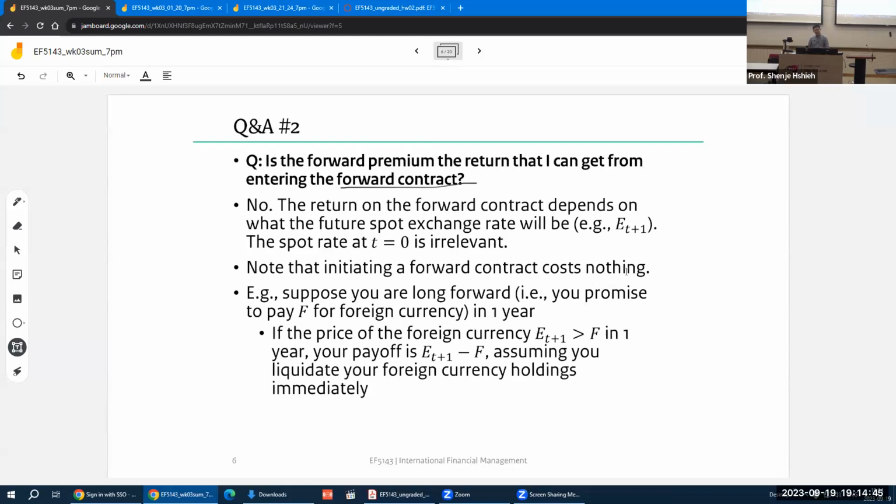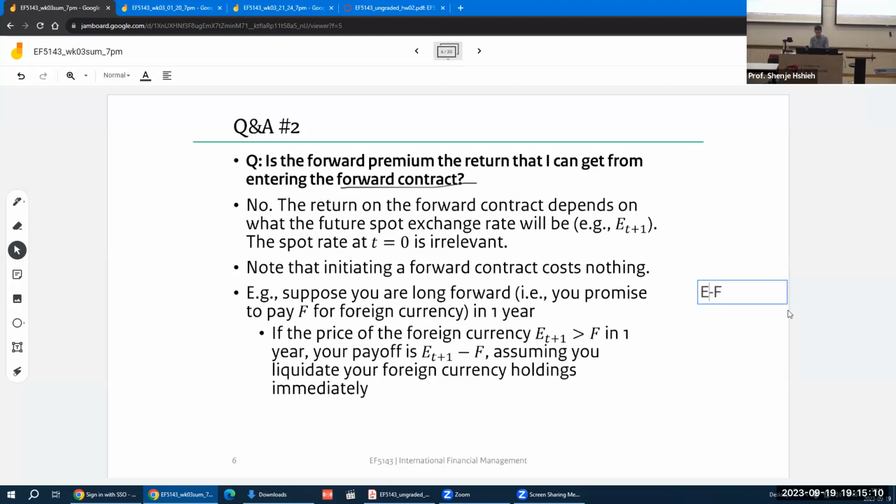Suppose you are engaged in a long forward, which means you're going to get delivery of the foreign assets in the future, and you're going to pay out a fixed price F, right? So your payoff actually looks like the following. You're going to get minus F, because you're paying out something, but then you're going to potentially sell this underlying asset on the market.